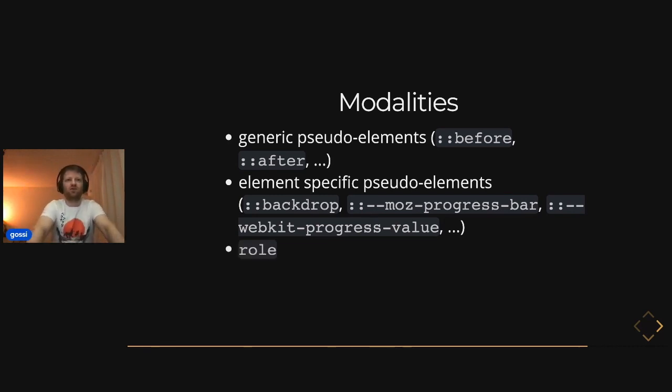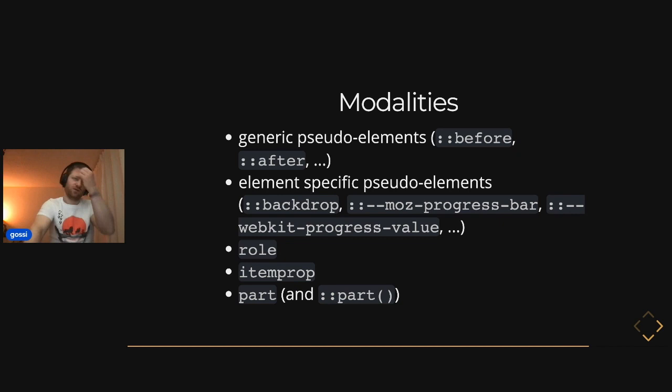Then we have the role attribute. We have the itemprop attribute, which comes with a schema, so this has a spec as a backup. And then lastly, we have part as an attribute, which also came with the ::part selector in CSS and Shadow DOM and web components.